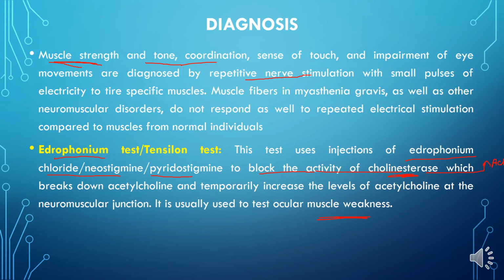The very first manifestation of this neuromuscular weakness is in the eyes. The eye muscles started drooping. This edrophonium test is also a very rapid and effective way to find out whether a person is suffering from myasthenia gravis or not.